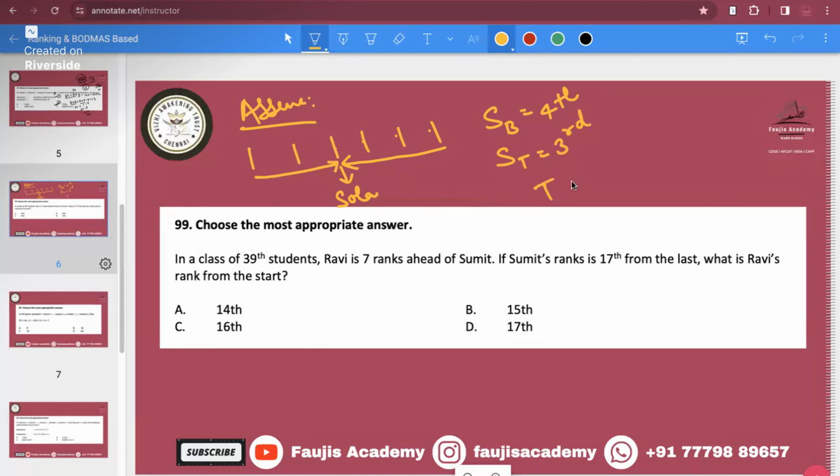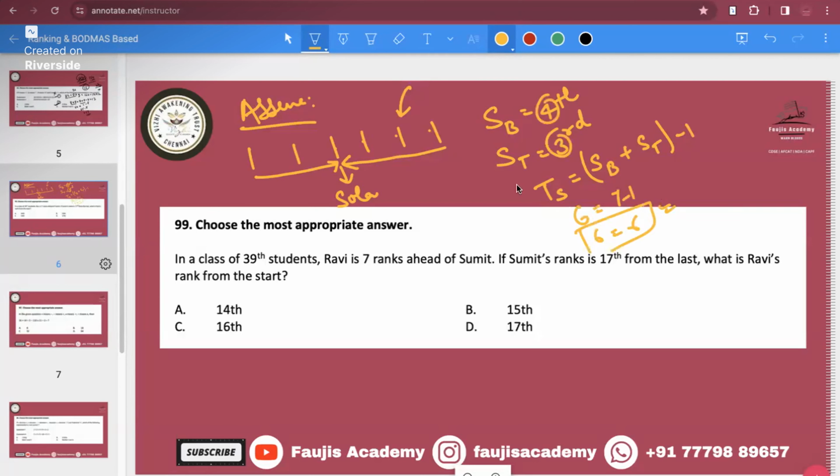Total number of students is equal to somebody's rank, in this case Sohan's, from bottom plus rank from top minus 1. So total number of students is how much? 6. Sohan's rank was 4th and 3rd. 4 plus 3 is 7, minus 1, 6. Are we getting it?